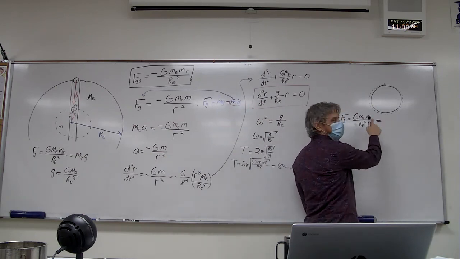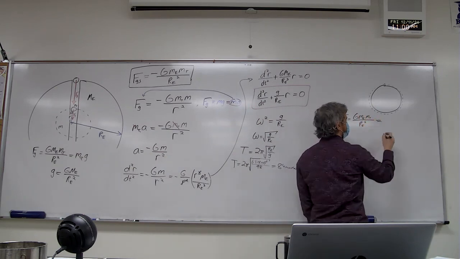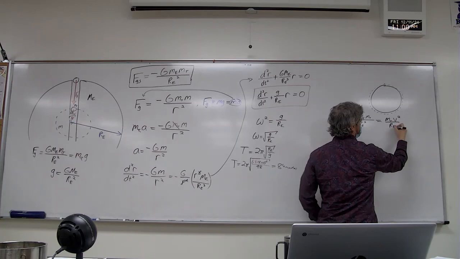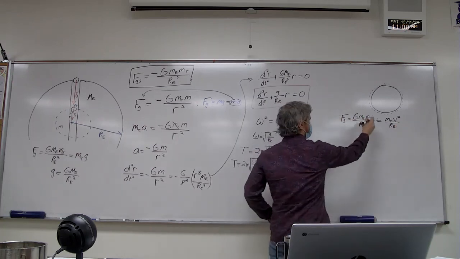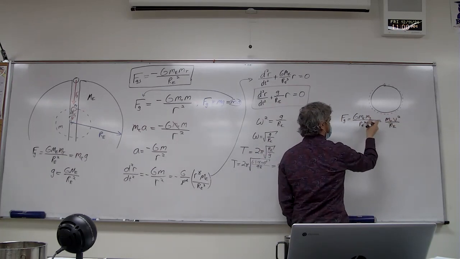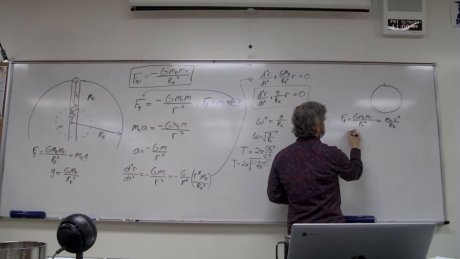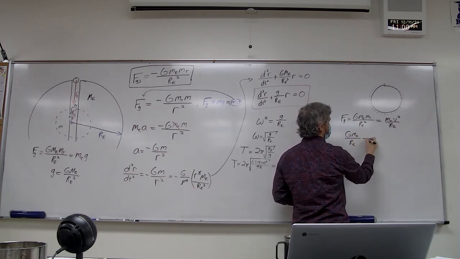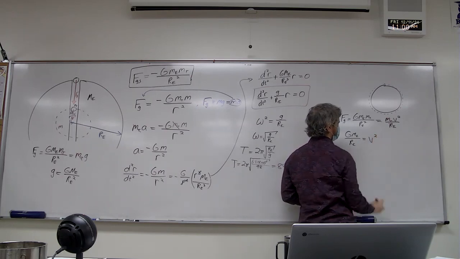And that's also, because he's now in circular motion, mass of Trenton times his speed squared over the radius of the Earth, right? So Trenton cancels, radius of the Earth cancels. So I get big G, mass of the Earth, over radius of the Earth, equals speed squared.